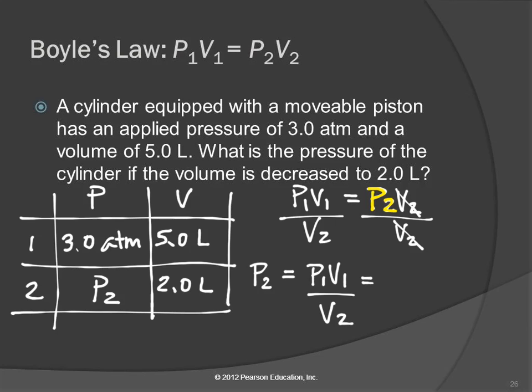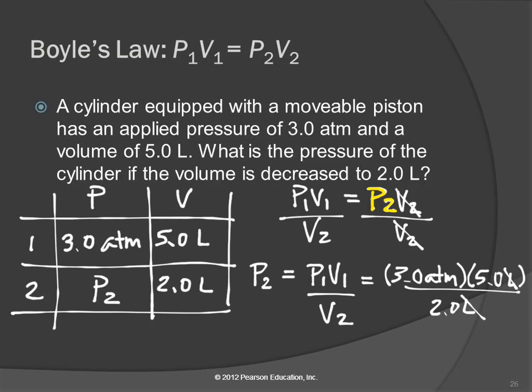So now I'm just going to plug these numbers in. P1 is 3.0 atmospheres, and V1 is 5.0 liters, and V2 is 2.0 liters. I always want to pay attention to my units. I have liters over liters. Those are going to cancel out.